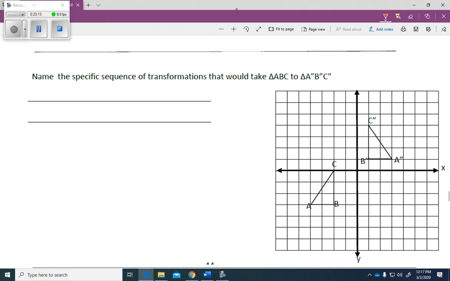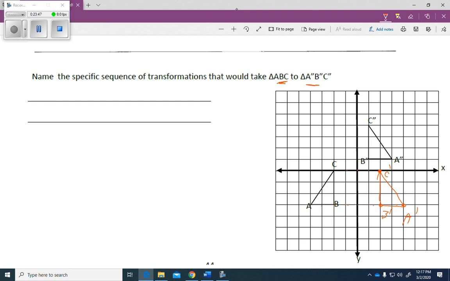Name the specific sequence of transformations that takes ABC to A double prime, B double prime, C double prime. I do notice that I should do a reflection to make the triangle face the other way. I'll call this C prime, B prime, and A prime. So now my triangle has the same orientation as my final figure.